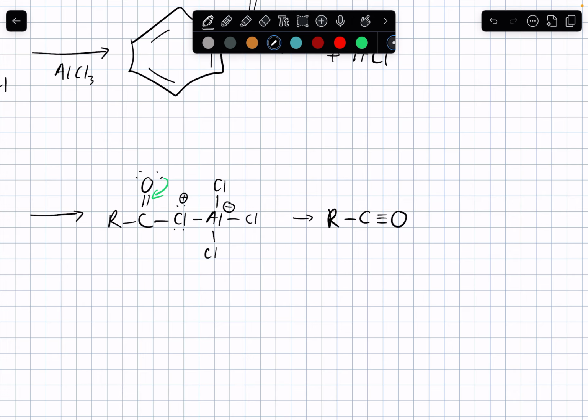We make a triple bond, plus Cl, Al, Cl3. This is going to be our leaving group.